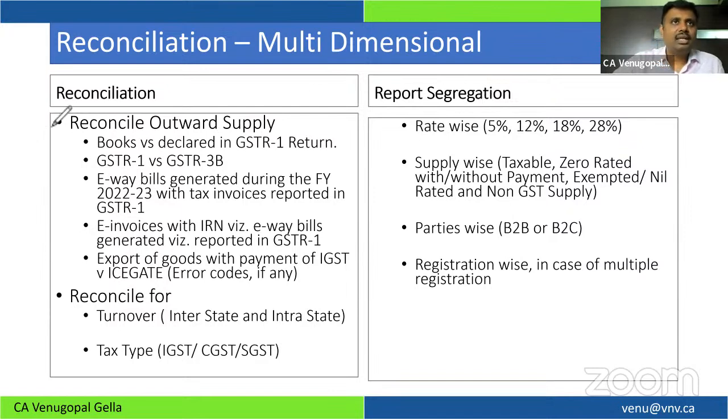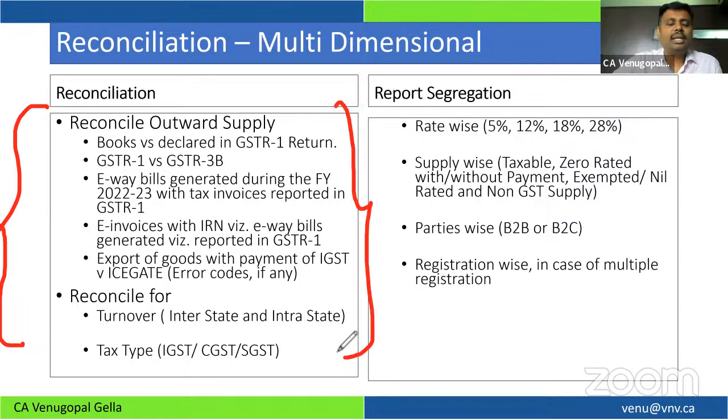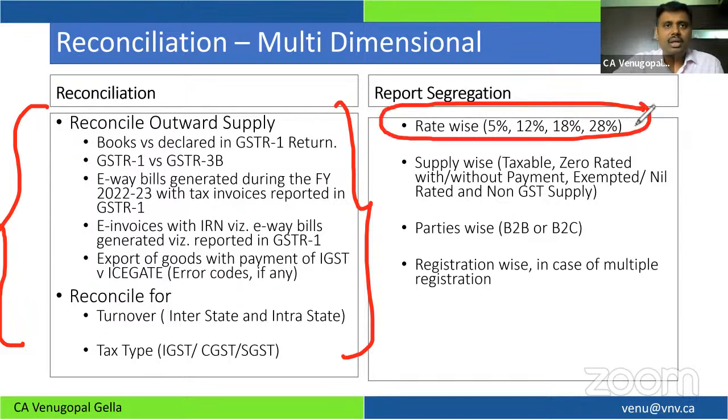And this turnover that you finalize, let's say you have finalized my turnover is 8 crores. This 8 crores you will also have to segregate rate wise. You should also segregate how much is B2B and how much is B2C. You got to segregate. And in case you have exports or zero rated supplies, you also got to segregate how much is with payment, how much is without payment.